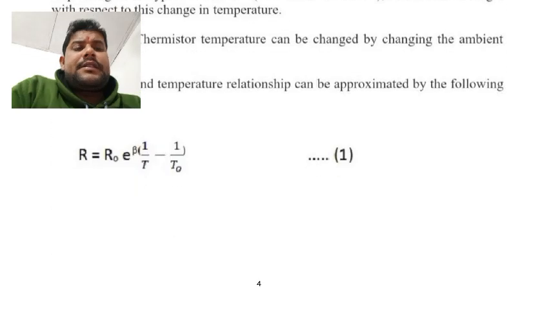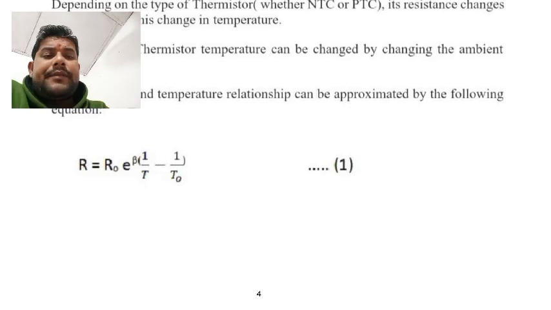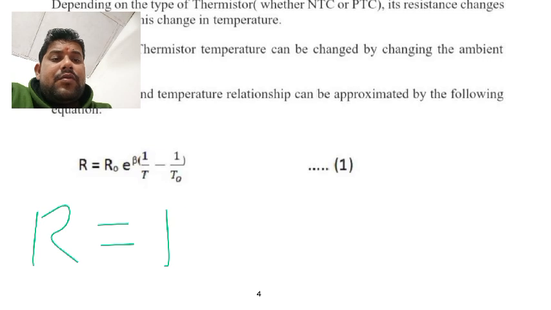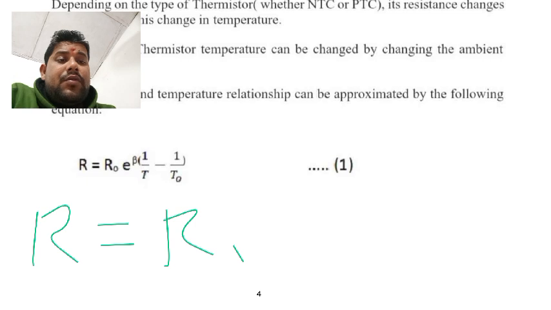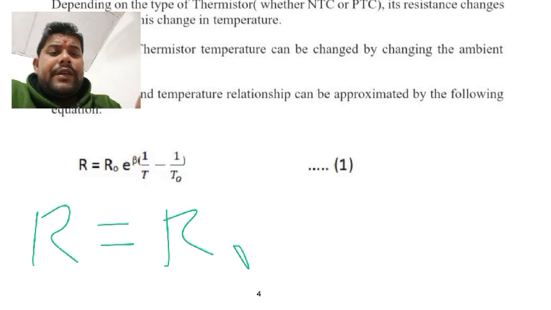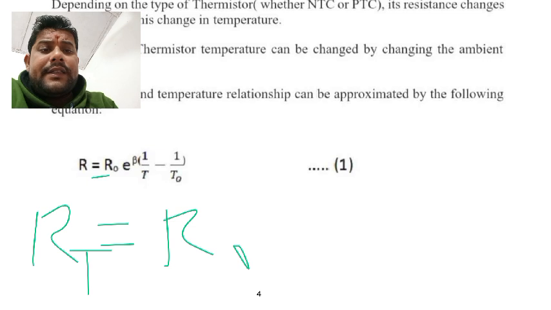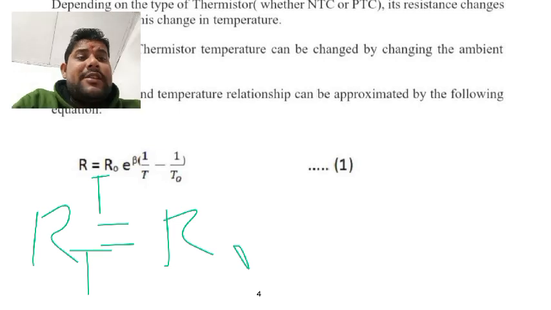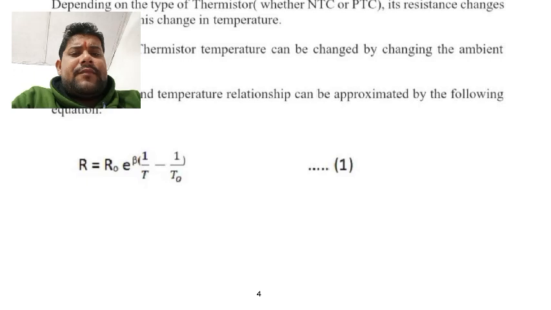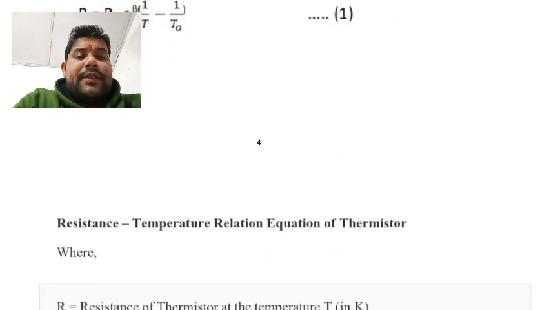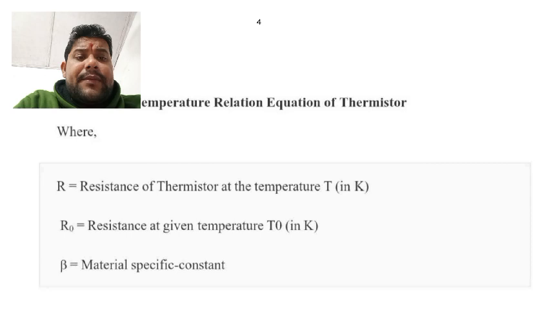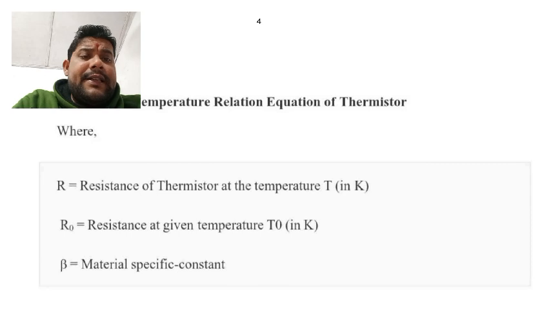This is the resistance temperature equation: RT = R0 into e to the power beta into (1/T - 1/T0). RT is the resistance at temperature T, the resistance of the thermistor at T degrees, with temperature T in Kelvin.